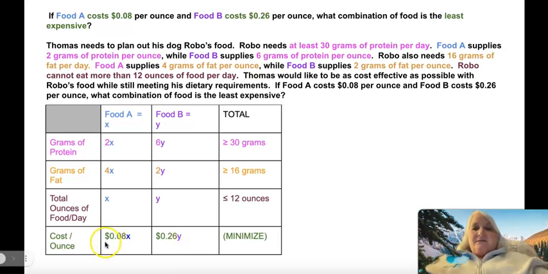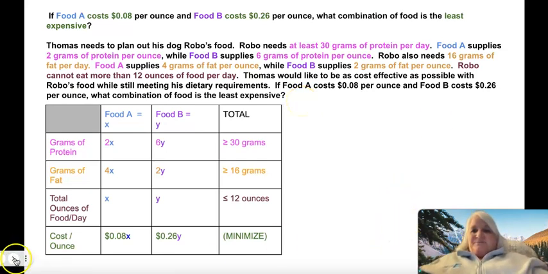Okay, the cost then, which is my objective function that I'd be writing from this, would be 8 cents for food A, so it's 8 cents times X, and 26 cents for food B, so that's 26Y. And that's the cost, that's what I want to minimize. So that's all in the question, always, which usually comes at the end, so I pulled it out.